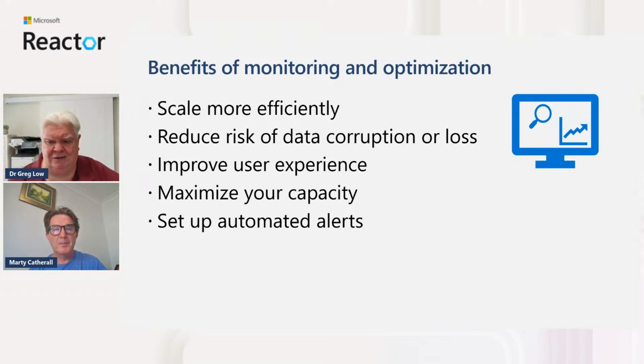Now, in terms of the user experience though, whether it's the data engineers who are running pipelines or the business analysts in the end who are running reports, the performance directly affects their experience. It's also important that you maximize your use of the capacity. And finally, of course, you need to set up automated alerts.